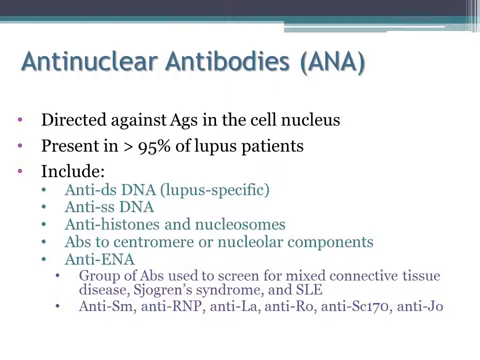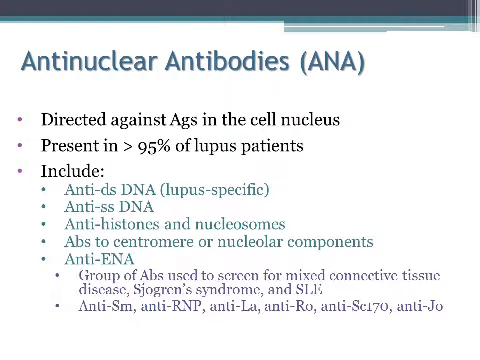And then lastly, there's a group of antibodies that are called anti-ENA. Now, the ENA stands for extractable nuclear antigens, and that's all well and good because that's originally what was included in this group. However, as things progressed, what's in there now is, besides the antigens to nuclear components, also some cytoplasmic components.